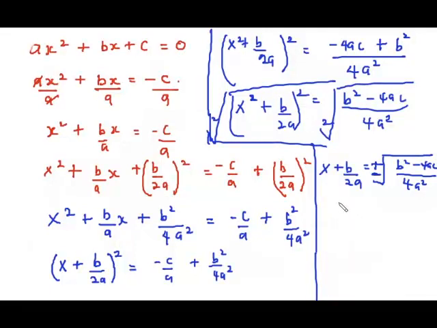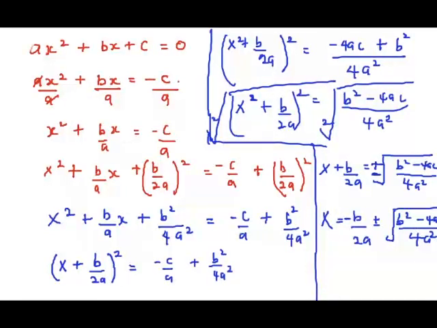So what happened here is that we're going to be subtracting b over 2a from both sides to give us the value of x. So the value of x is ultimately equal to negative b over 2a plus or minus the square root of b squared minus 4ac over 4a squared.